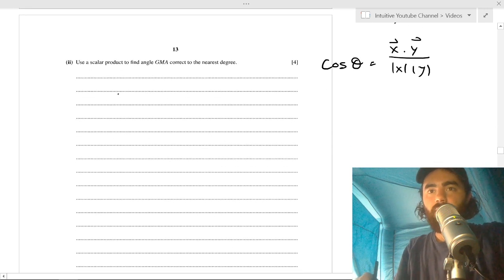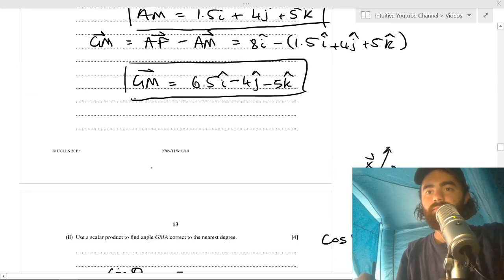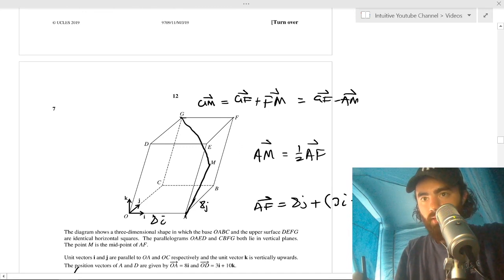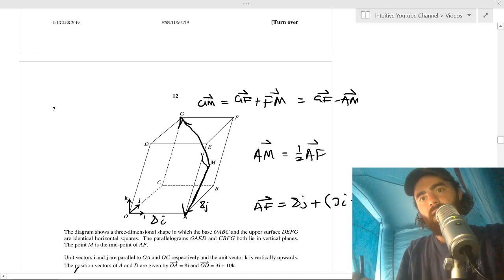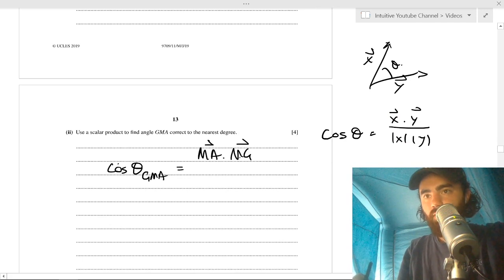So cos theta of GMA equals MA dotted with MG over the magnitude of MA and the magnitude of MG.